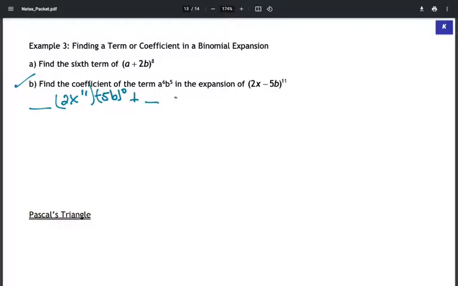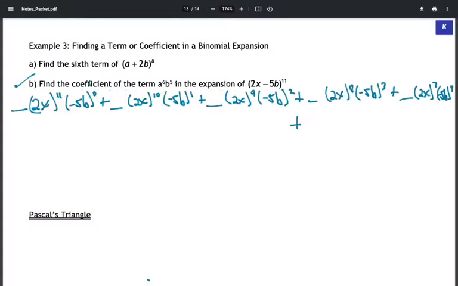And then I'm just going to write the x's and the b's. Actually, let me go back, sorry. I'll do it right. So then we'll be doing 2x to the 10th power and negative 5b to the 1st power. And then you're going to do, let me write this out.